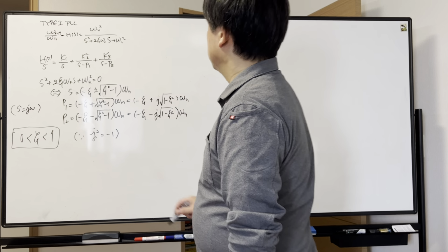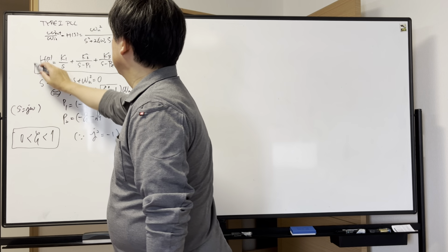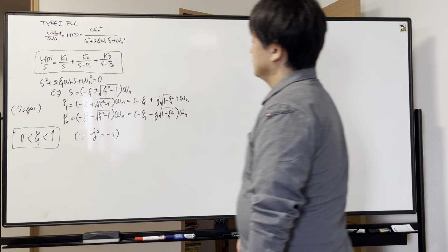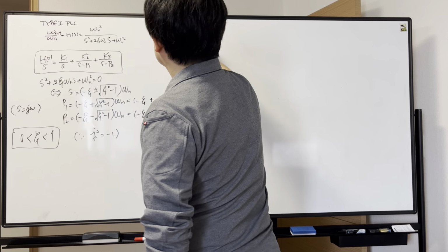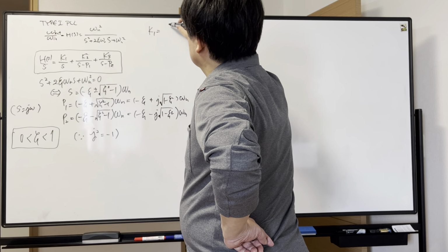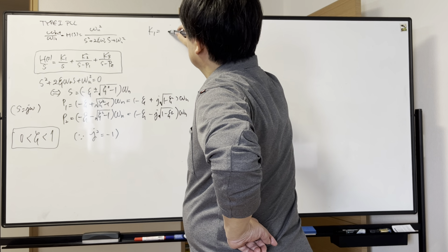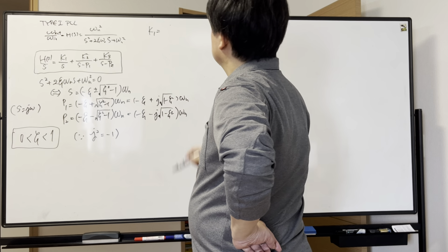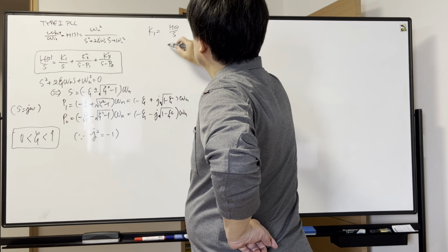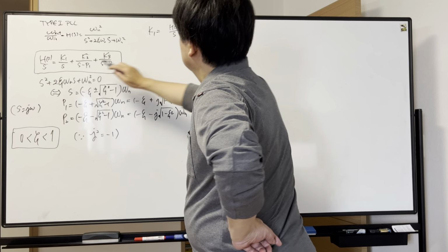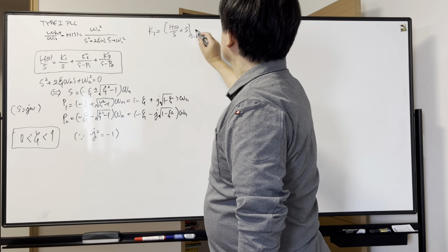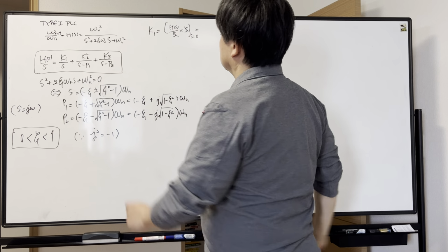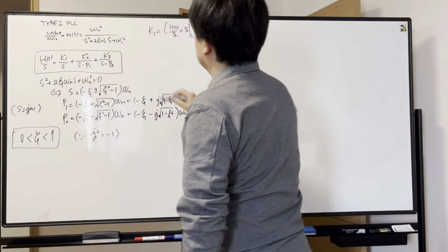And as usual we know the formula to derive k1, k2, k3. K1 is such that H(s) over s times s is evaluated at s equals 0, the pole of 1 over s at the origin, so this is cancelled.